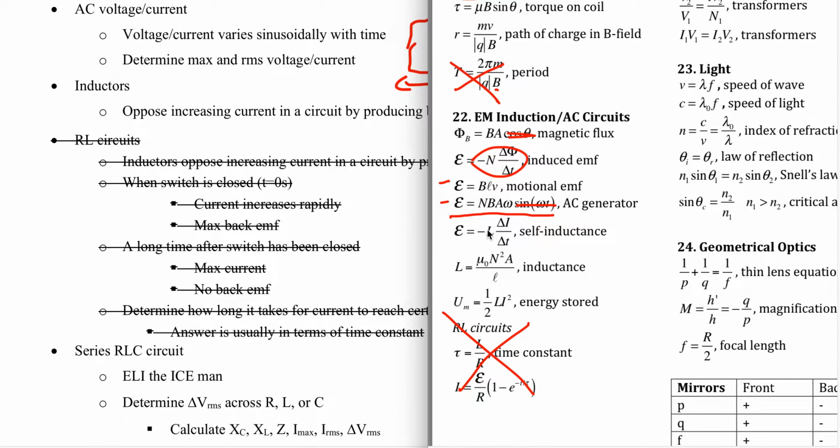And the back EMF, or self-inductance of that inductor, the faster that the current is trying to increase or decrease, the more back EMF is going to be created or induced, and it depends on L, which is the inductance of your inductor. And because it's a solenoid, you can have the geometric properties of it here, the area of that solenoid, the number of turns, the length, and you can actually get a number for the inductance of that inductor.